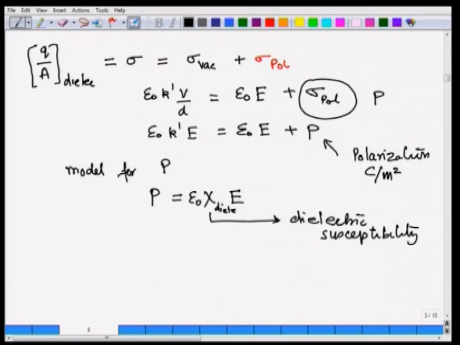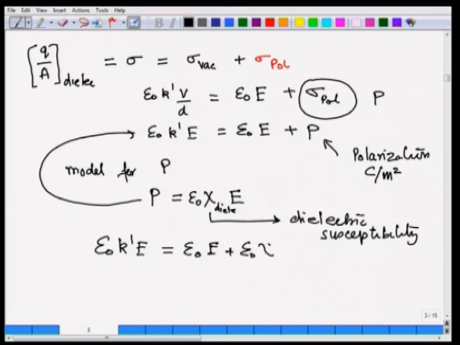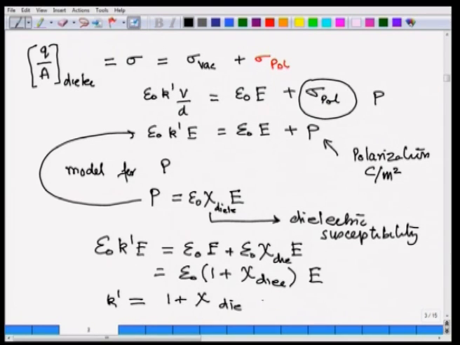If we take this model and insert it into this equation, I am going to write epsilon naught k prime E as being equal to epsilon naught E plus epsilon naught chi dielectric E, which I am going to write as epsilon naught times 1 plus chi dielectric times E. Now you can recognize this k prime is basically 1 plus susceptibility.